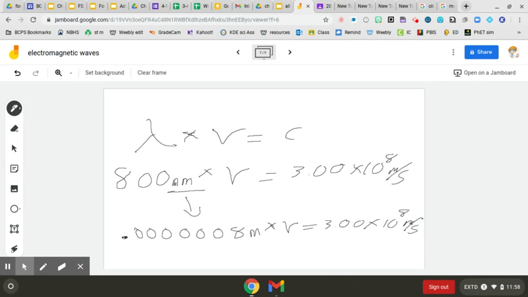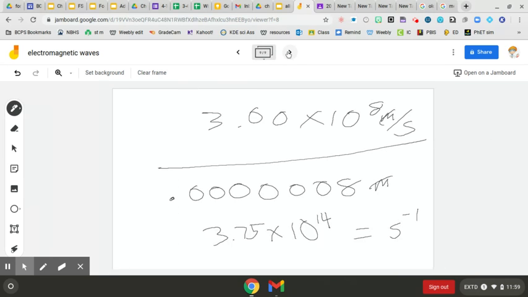Moved it over 1, 2, 3, and then 4, 5, 6, 7, 8, 9. Of course, you could turn this number into scientific notation and just say 8 times 10 to the negative 7th, right? 1, 2, 3, 4, 5, 6, 7. Sorry.